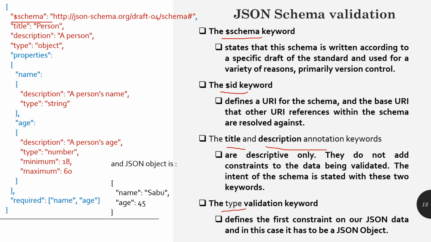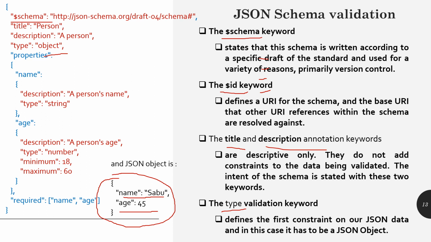For example, let us consider the case. This is what the data we need. We have name, age. This particular object describes about what? This is a JSON object. This describes about a person.